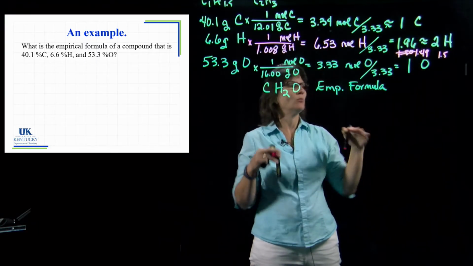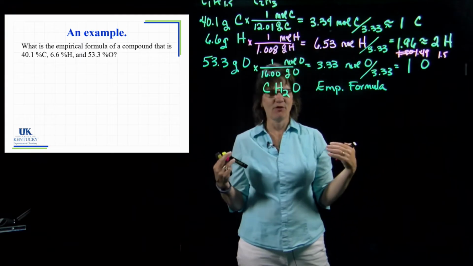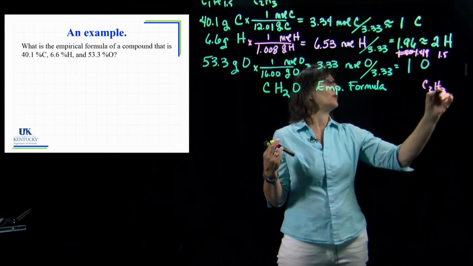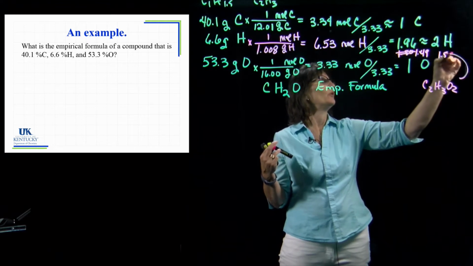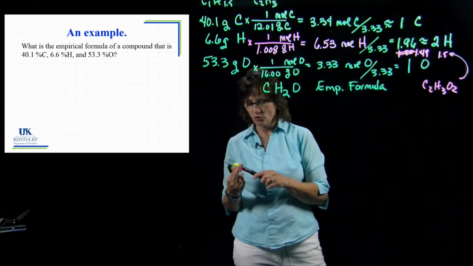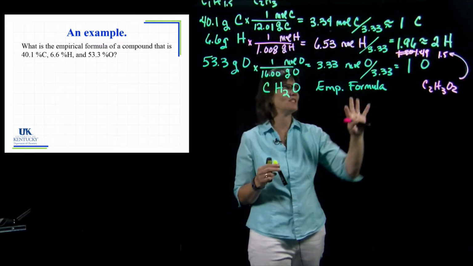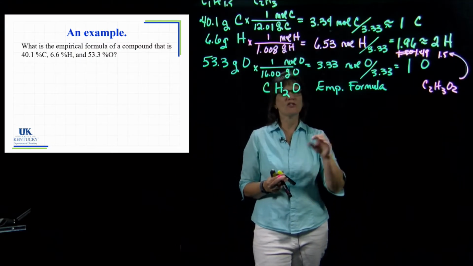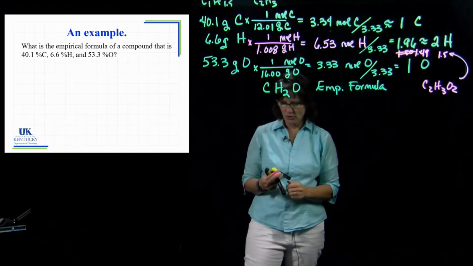We would then want to multiply through to get rid of that fraction. So we double everything, and it would be C2H3O2 if we were working off of that number, okay? So those examples, 316 and 317, we'll talk you through that a little more slowly. But you're dividing by the smallest to get an empirical formula. So there's our empirical formula.